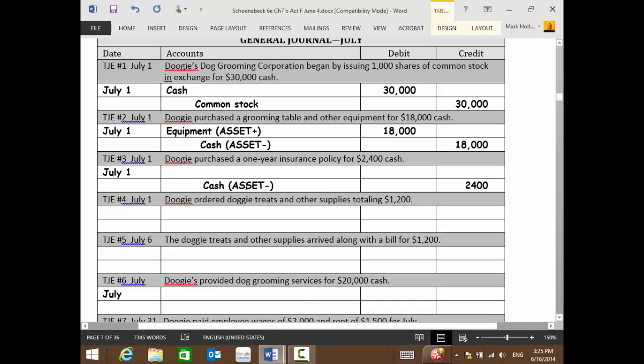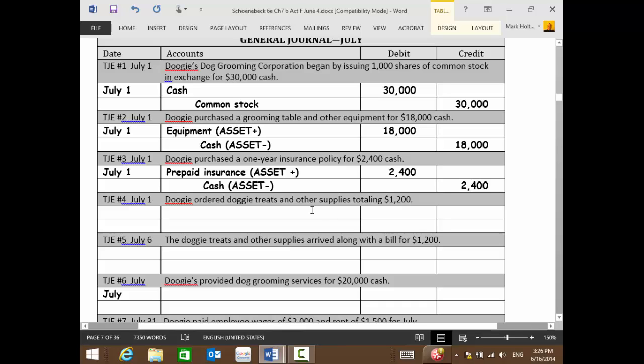And now what's the debit going to be? You remember what account it was? It was prepaid insurance, which we said was an asset. So I'll write here asset. And what happens when you debit an asset? It increases. So I'm going to increase prepaid insurance. A nice way to think about this is I'm taking $2,400 out of cash and putting it into prepaid insurance, going from one asset to another.